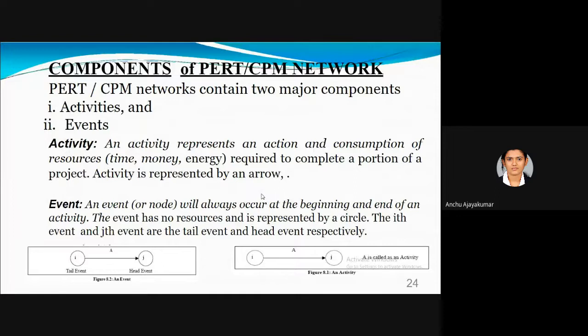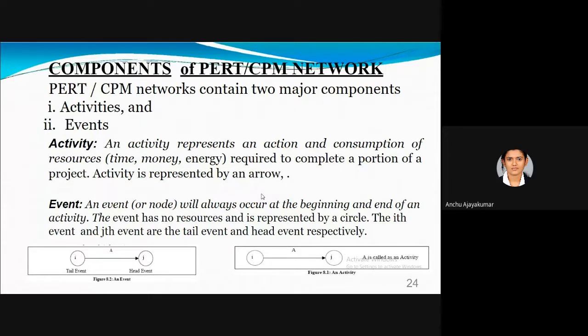And an event is either the beginning or end of an activity representation. It is not going to consume any resources. It is usually represented in a circle shape, as mentioned in figures 8.1 and 8.2. I and J are the 2 events, where A is an activity, the arrow.